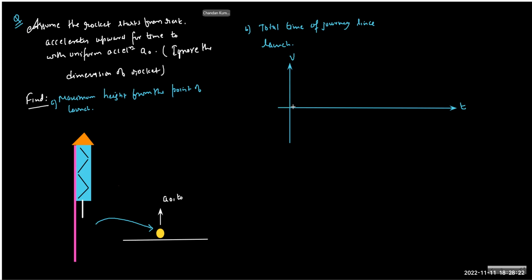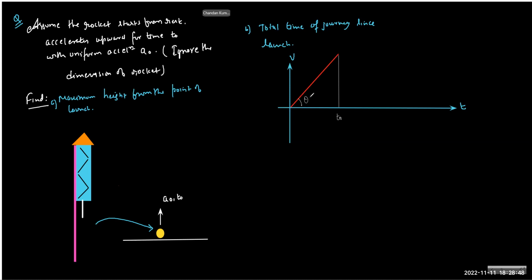If the acceleration is uniform, it will accelerate like this. Correct? And the time we can draw as T naught. And this angle will be how much?